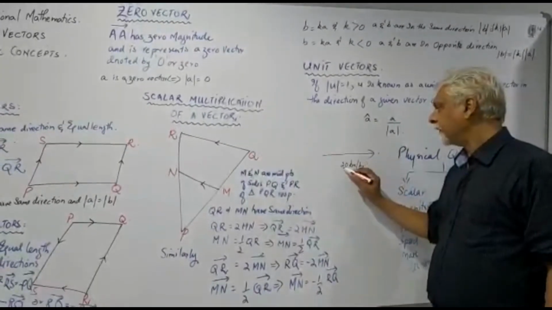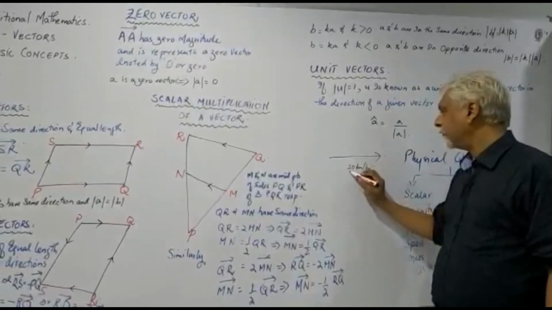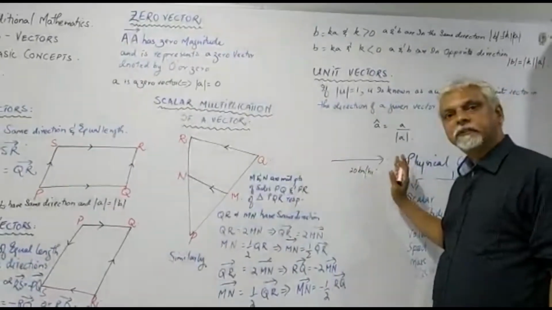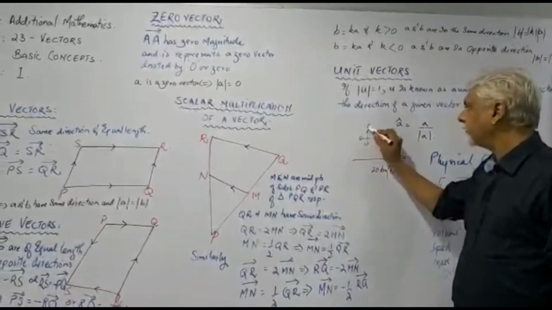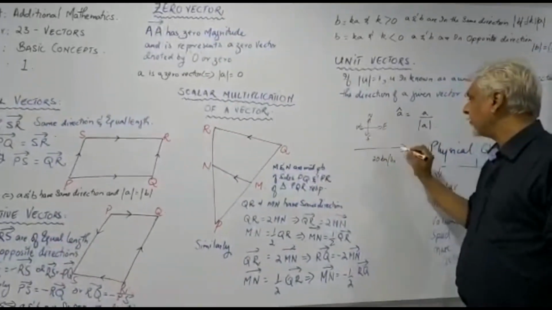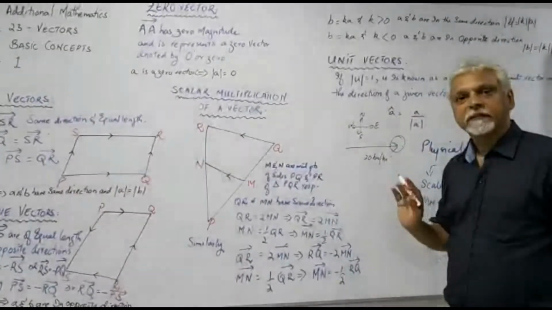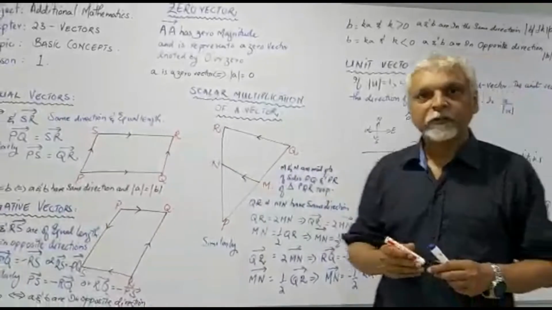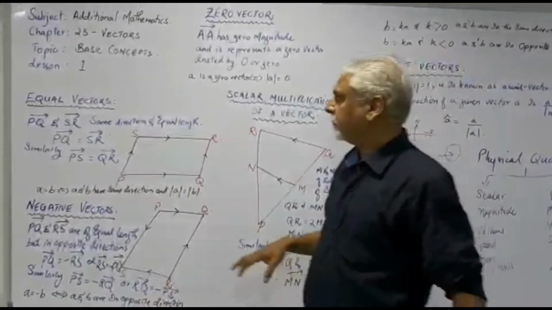But if I say 20 kilometers per hour towards the direction of east, as you know, north, south, west and east, this indicates the direction. The simple line indicates the magnitude, but when you have an arrow on it, that represents the direction. For example, equal vectors.